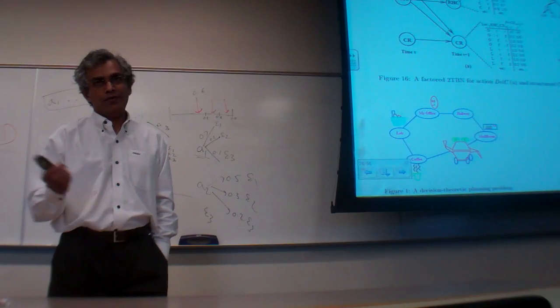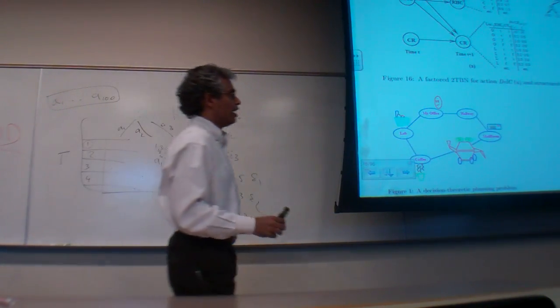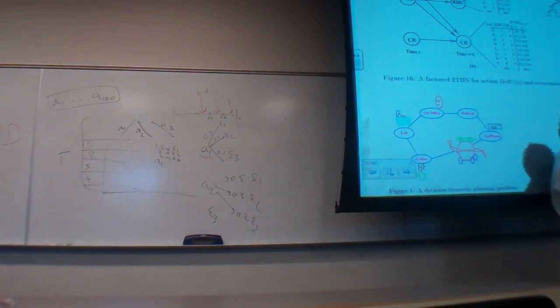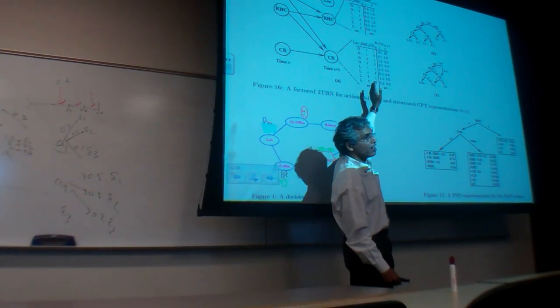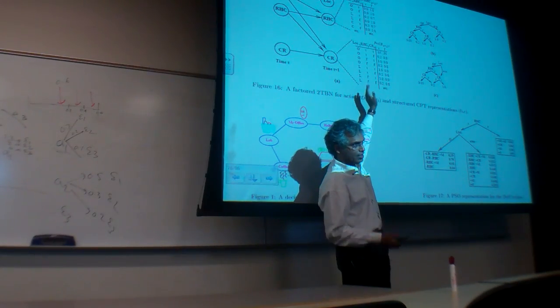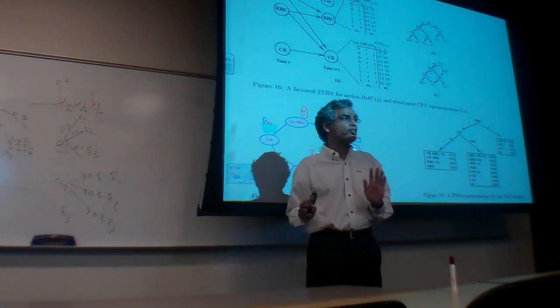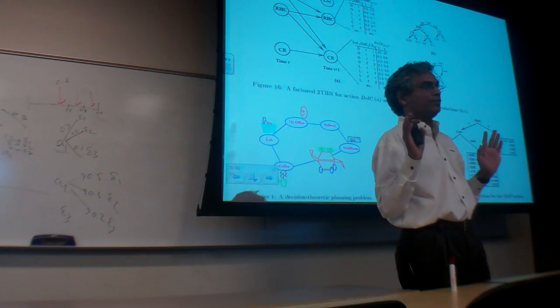If you are into probabilistic planning, then PPDDL, which is more like this representation, used to be the standard. But now there is a new standard called RDDL, which is more like the 2TBN representation. And I showed you both.